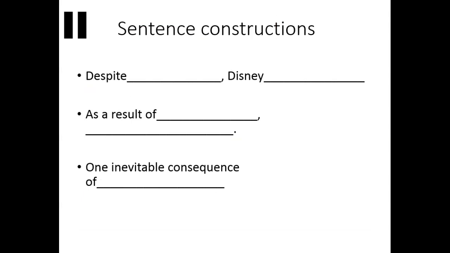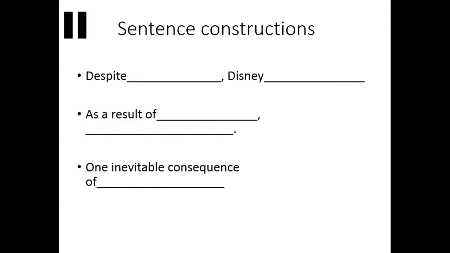Another way to practice writing about context is to use some further sentence constructions. One that I use a fair amount is a despite sentence, and that is a good way of showing that you're applying the context.